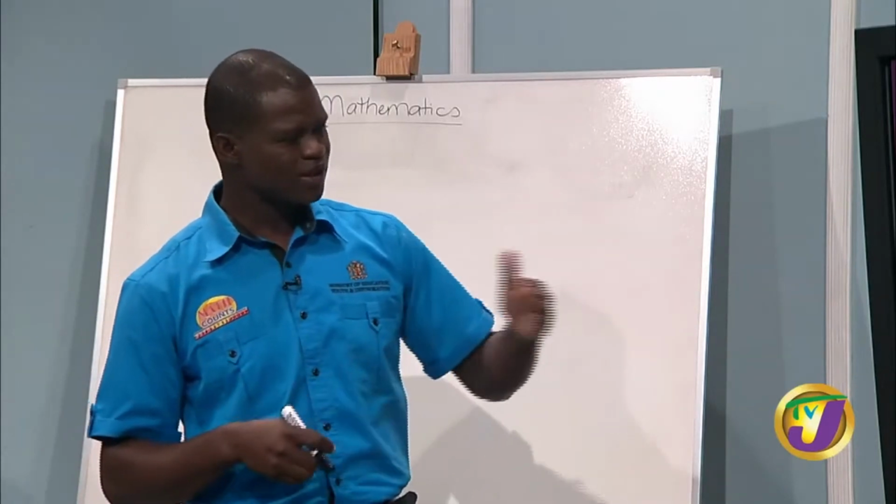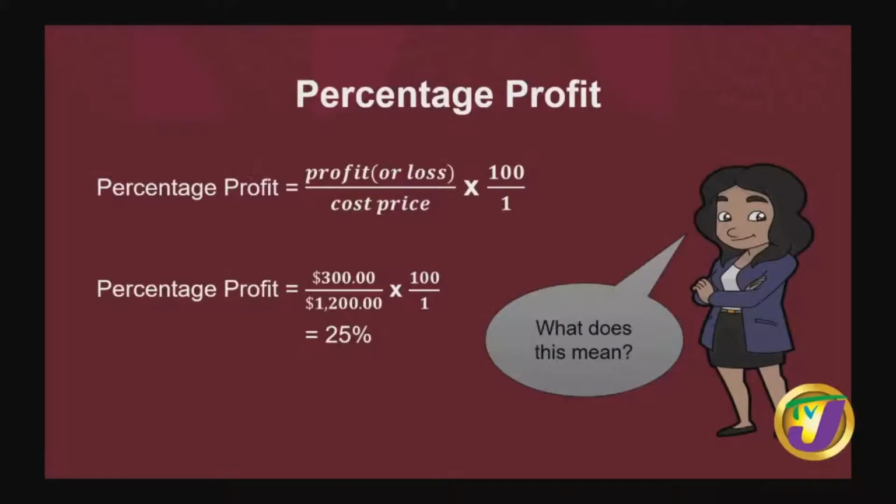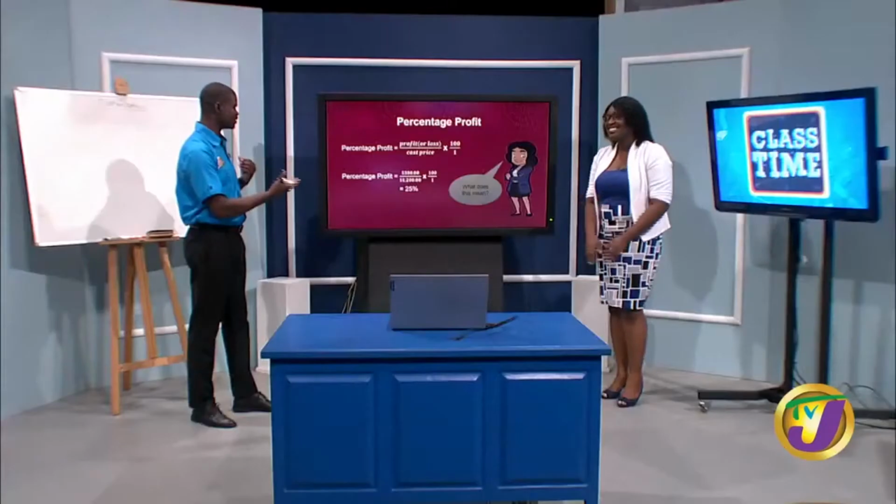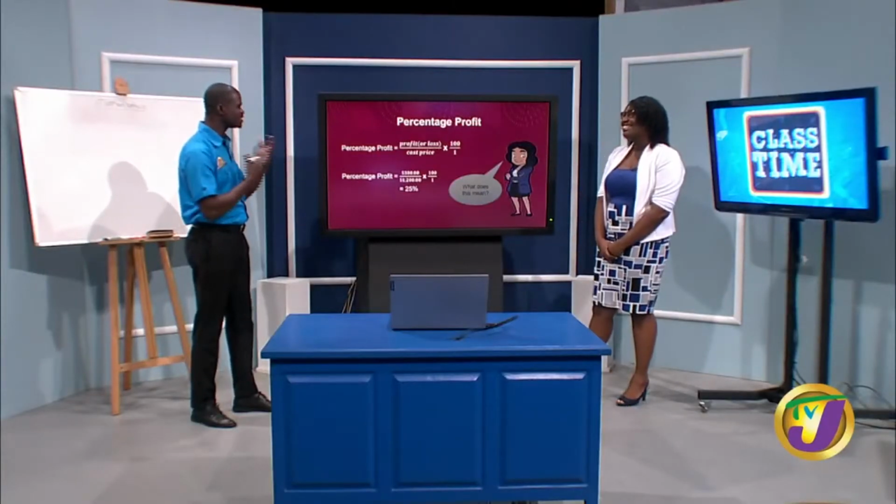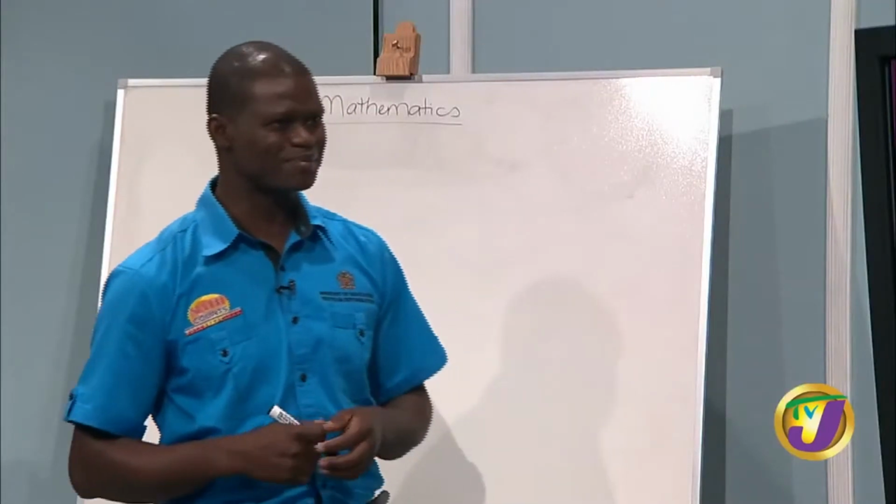So in this case, this company would have made $25 on each $100, or 25 cents on each $1. So it is easy to compare my business with yours. On my $100, I make $25. And on your $100, you make $50. So it is easy to compare who is really doing better.